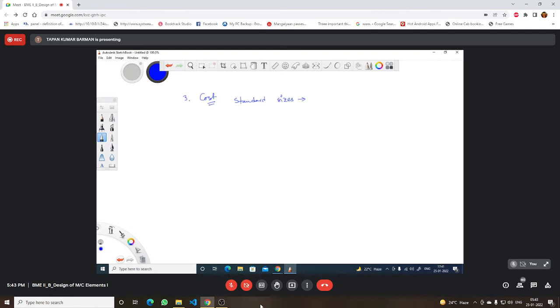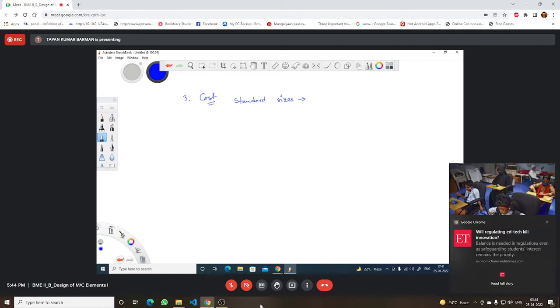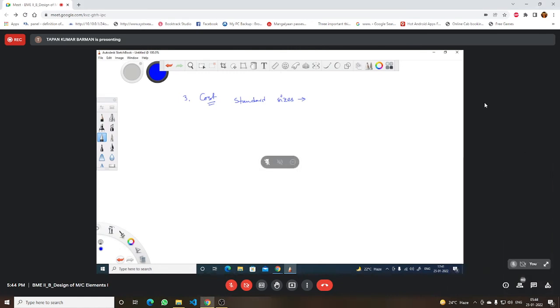Say your shaft diameter is coming at 38.6 millimeter. That is the calculated shaft diameter. Next line you should write the standard shaft diameter is 40 millimeter. That should be used for further design calculation always. So always you should use the standard size, and by doing this, you may reduce the final cost of the product.